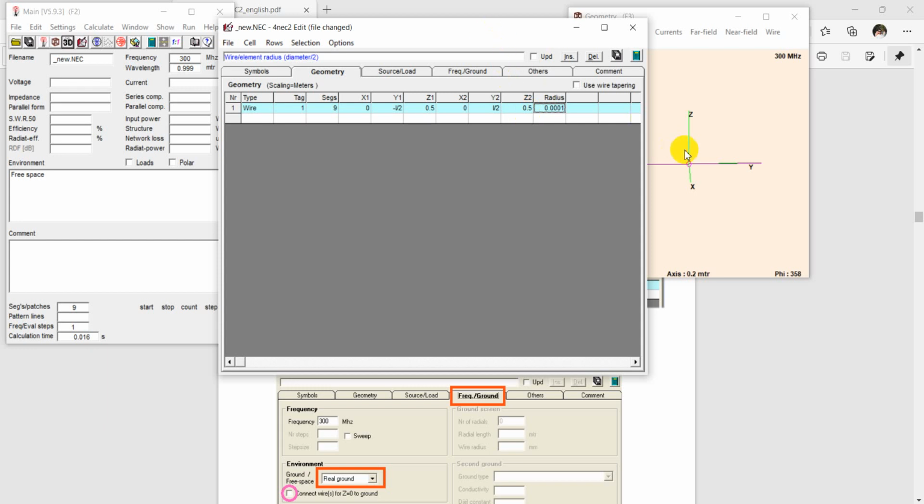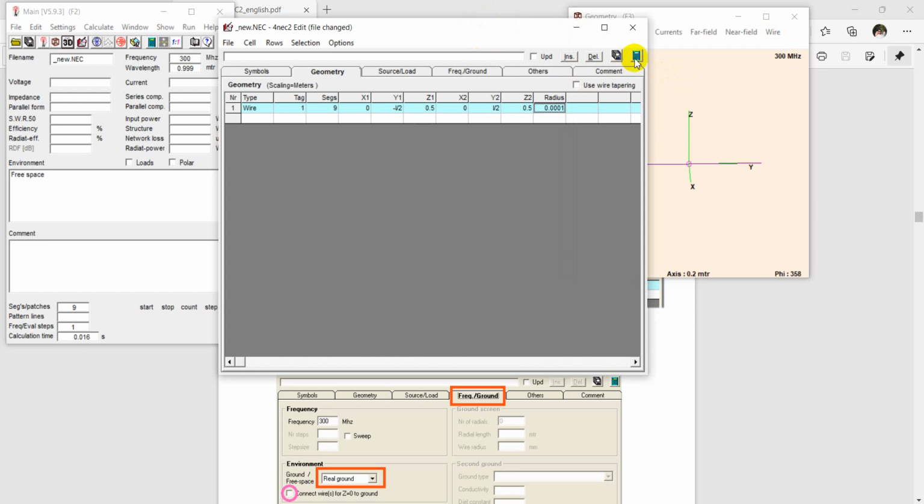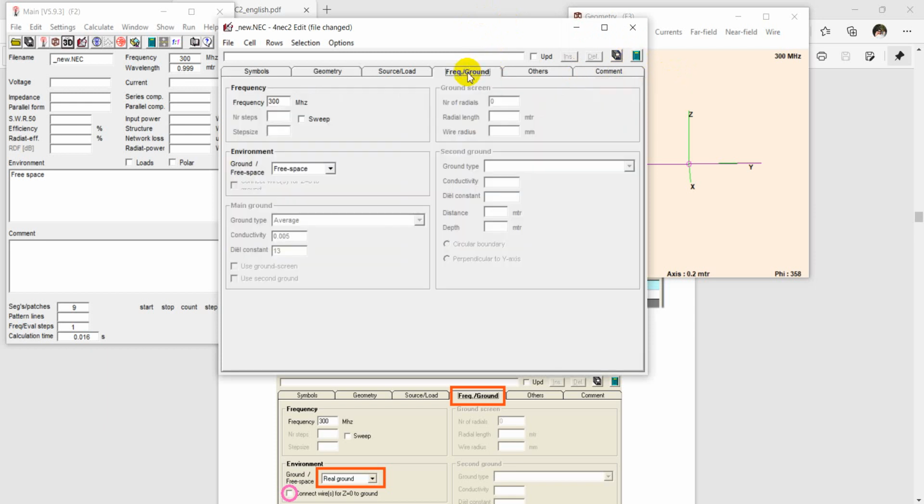When we design this parameter and run it, the antenna should go up in the z direction by 0.5 meter. So when we put this value, then we have to go to the frequency, and this must be in real ground.